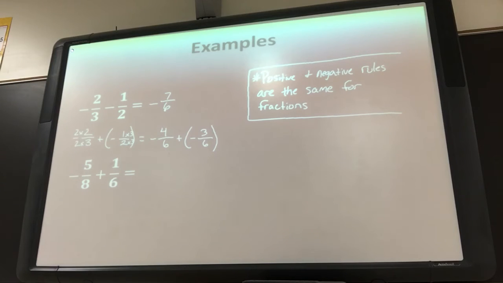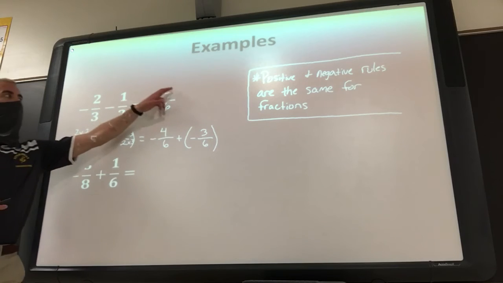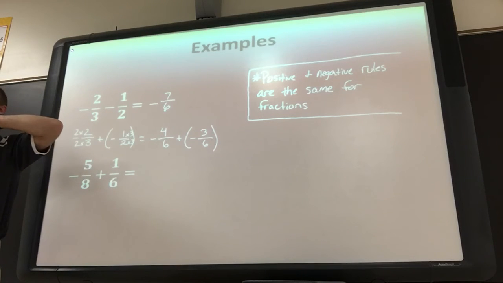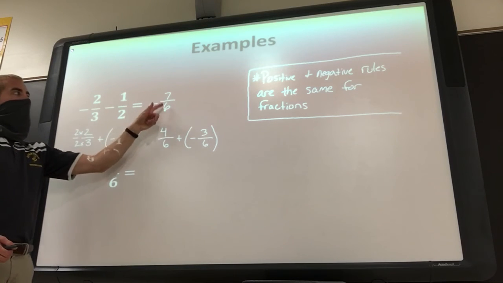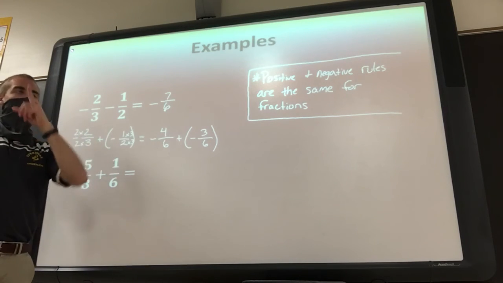Do we need to simplify? Yeah, we do need to simplify. Now 7 and 6 won't be divided by the same number, but what do we need to make this negative 7/6? We need to make it a mixed number, yes. So to make it a mixed number, for today, most of the time it's going to be a little easier. We can just do it like this. How many times does 6 go into 7? 1 time.